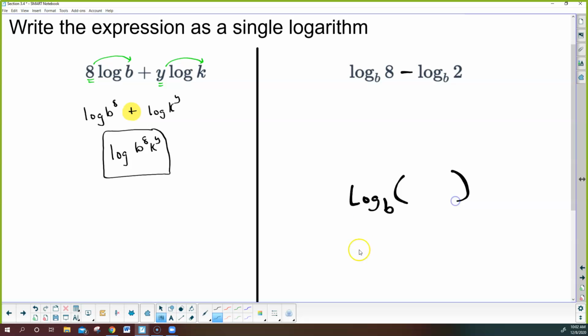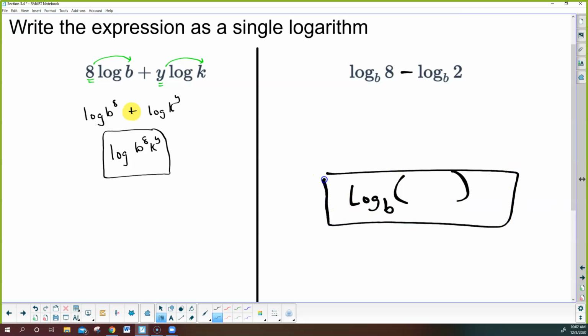This is how your answer is going to look. I want you to private message me your answer. What is the value that we're taking the log of? The base b is going to stay the same, but what is this blue highlighted area going to be? Private message me this, and that's my way to check your level of engagement today. I'm going to mark these down.